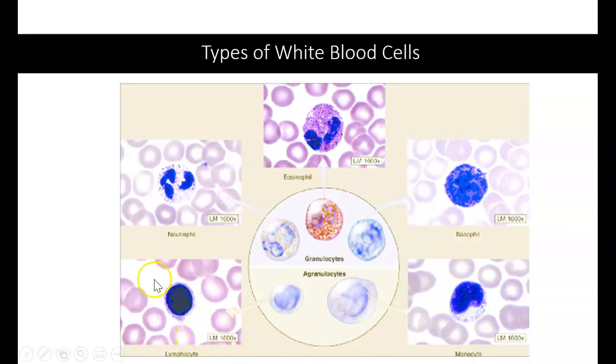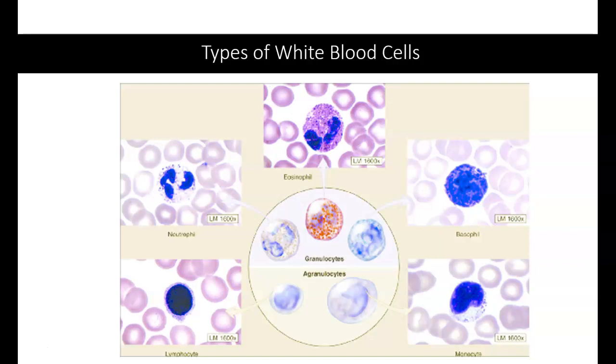Going to the agranulocytes, again, you will not have those grains in there. So if you look at a lymphocyte, one of the characteristics of lymphocytes is they're smaller. They're about the same size as a red blood cell, whereas these ones are significantly bigger than a red blood cell. But lymphocytes are about the same size, so that's one way you can identify them.